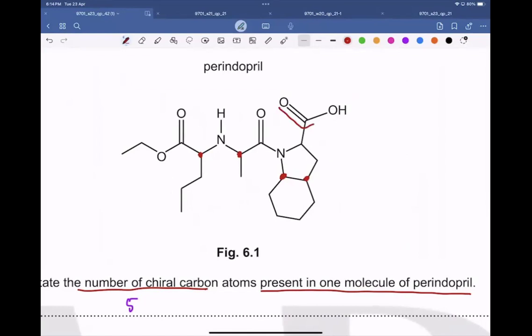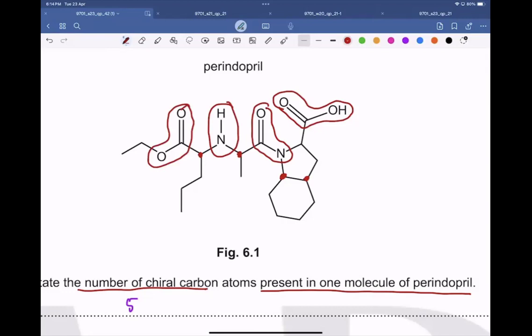Which functional group is this? Then this is the second functional group, then this is the third, and then here is a fourth functional group. Yes, carboxylic acid. What else? Besides carboxylic acid, what are the rest of the three?